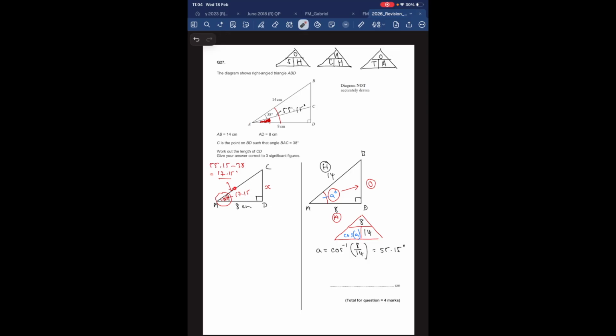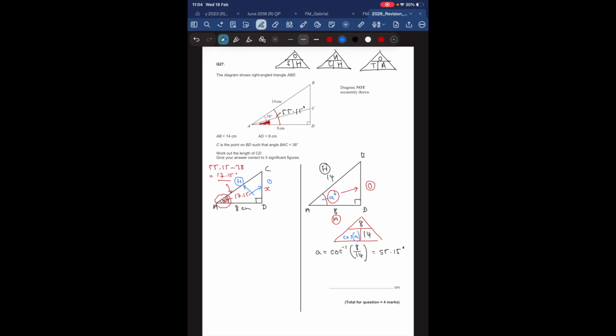If I now look at this smaller right angle triangle, I'm in a position to work out x. If I label the sides, the length which is opposite the 90-degree angle is the height. The length opposite the angle I'm using, in this case 17.15, is the opposite side, O. The third side is going to be A. Now, looking at the triangle, I'm given the adjacent.